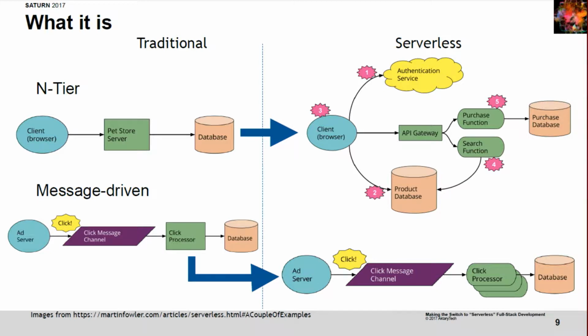So what does that look like in practice from an actual architecture standpoint? Martin Fowler gives these two examples in his discussion of how you might take an n-tier application and break it out into a serverless application.